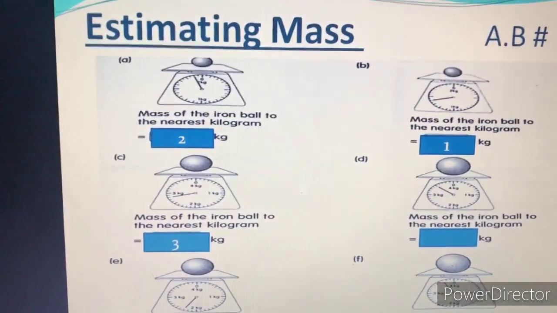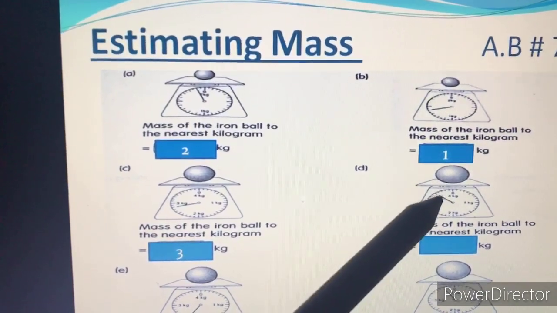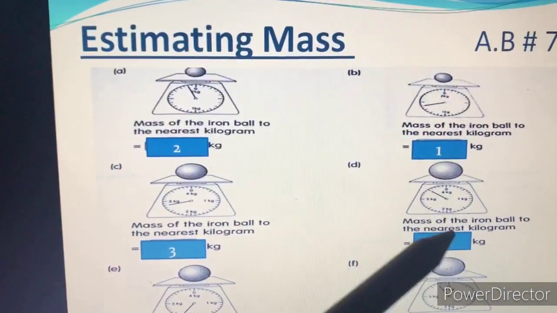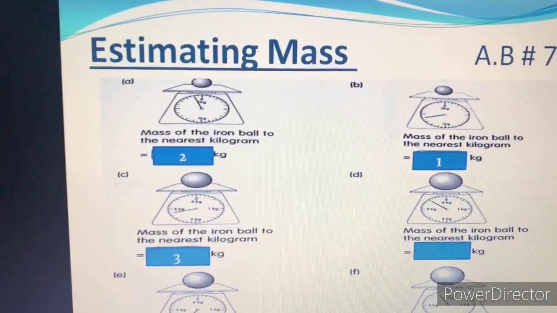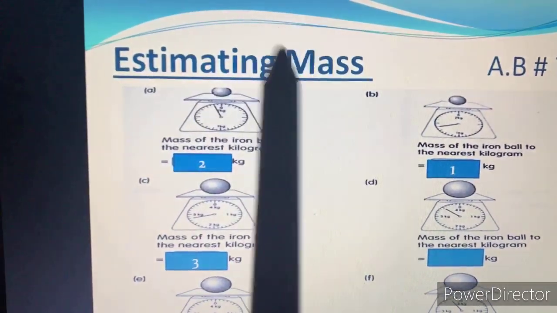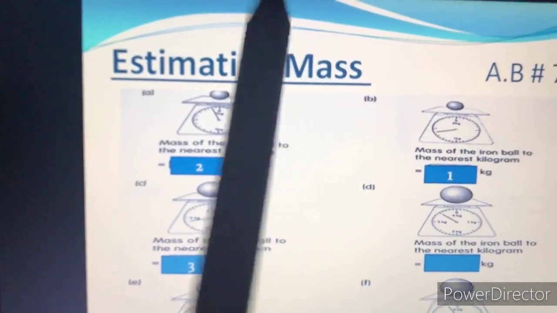Now the other question in D part. Yes, it's a tricky one. See, the scale says it can measure up till 4 kg. Now look at the needle. Yes, it is exactly in between the 3 and 4. And if you remember the rule, if the needle is in the center, at 5 or more than 5, then you will go up.